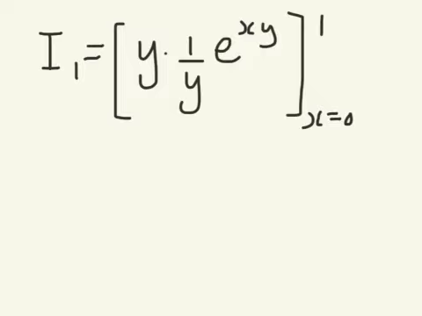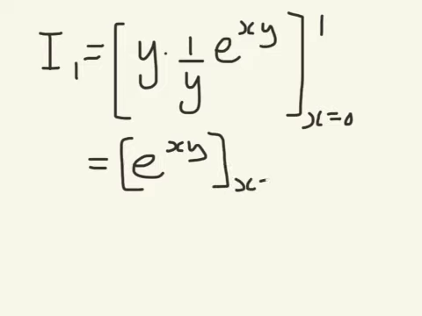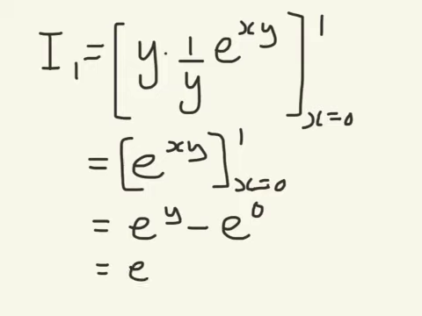So once again the y's will cancel out, and we get e to the xy between the two limits as before. So when we put the values in, we've got e to the y minus e to the 0, or in other words, e to the y minus 1. Okay, so that's the value of our inner integral.